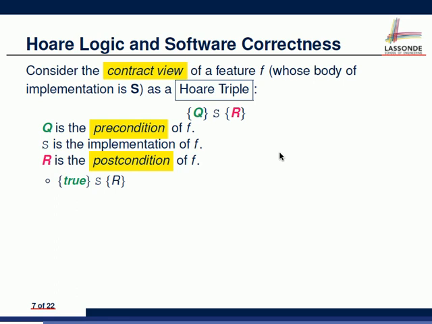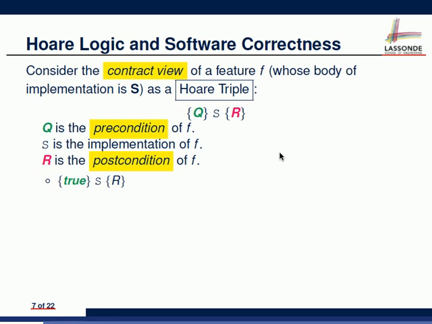You can see that S is anything, R is also anything. The only thing that's definite is the green part. And what's the green part? The precondition. So what does it really mean when the precondition is simply true? Nothing? It means something, not nothing.